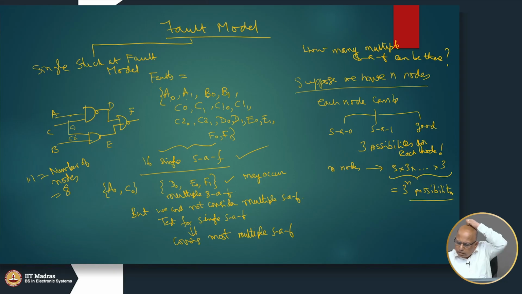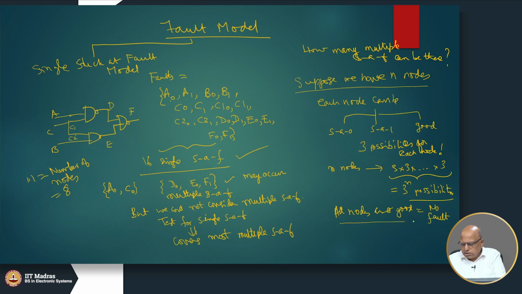Okay. The case where all are good, see, if all nodes are good, that means no fault. No node is stuck at 0 or stuck at 1. So, you can see that 3 power n minus 1 faulty situations can be there and 1 good circuit.